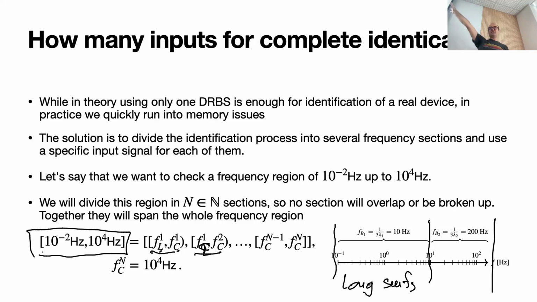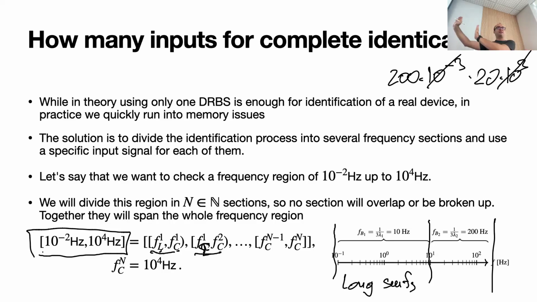At the highest frequency, we need to sample at 20 kilohertz, but just for 200 milliseconds. So 200 times 10 to the power minus 3 times 20 kilohertz. This cancels out, and we need only 4,000 samples. And we can capture that.